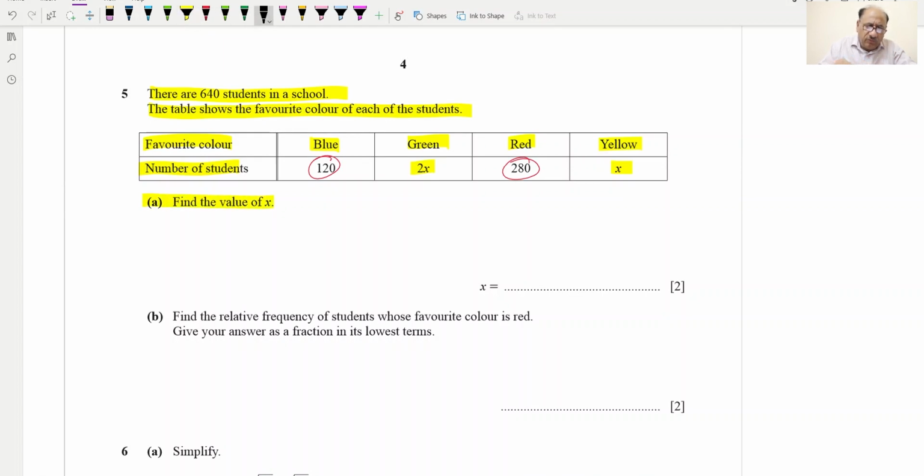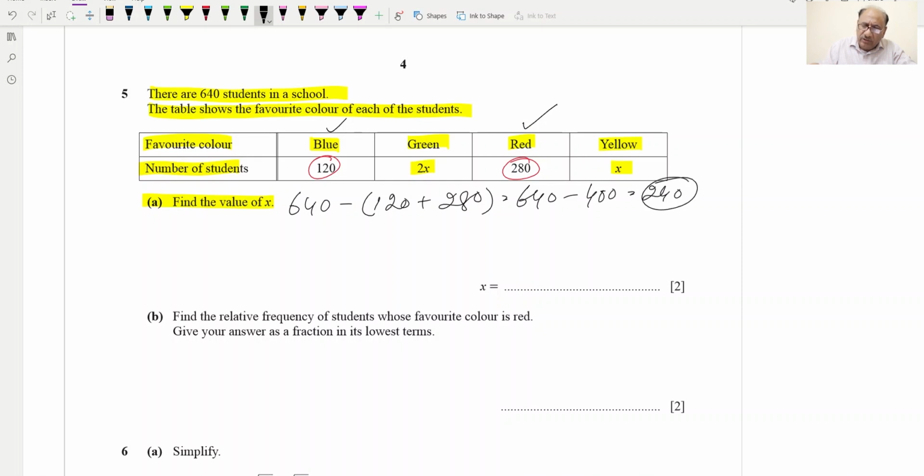First of all, whatever known values of red and blue we will subtract from 640. So 640 minus 120 plus 280, and this will be equal to 640 minus 400, which is equal to 240.